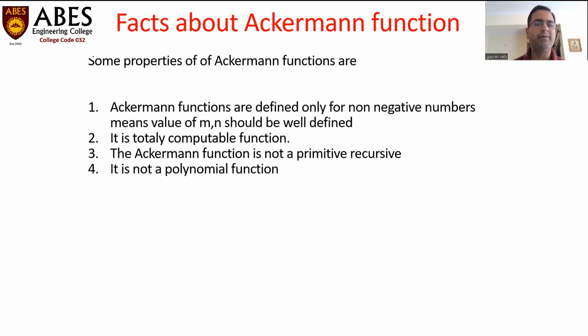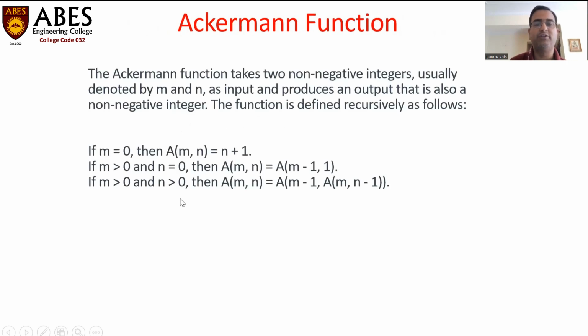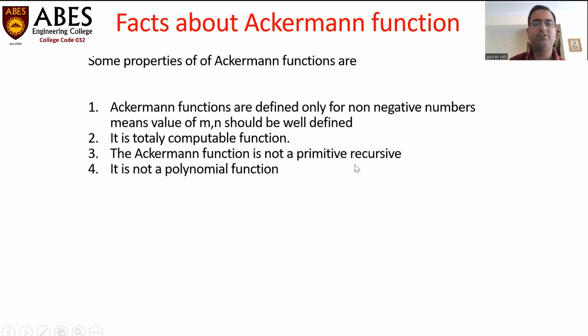It is not going deep, but the Ackermann function is not primitive recursive because it is dividing the function into different parts, and again solving it. Like this function, it is dividing the whole function into 2 parts, then again 2 parts, again 2 parts. So it's not a primitive recursive, that means not a simple function. It will be a bit complex in nature.